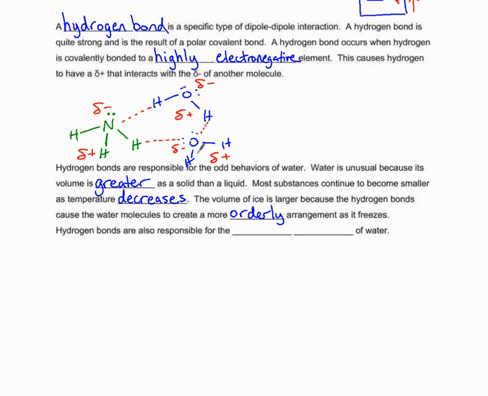So I'm going to leave off the electrons of the hydrogen, the oxygens here, because I'm going to draw a bunch of them. So I'm going to say, here's a water, and this one is starting to freeze. Here's a water. Here's a water. Here's a water.